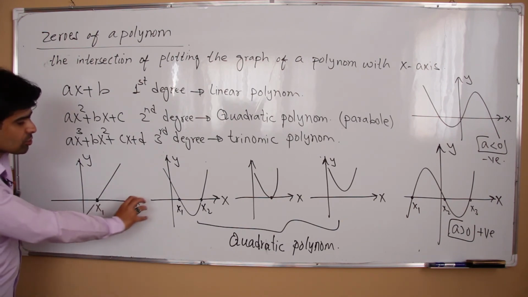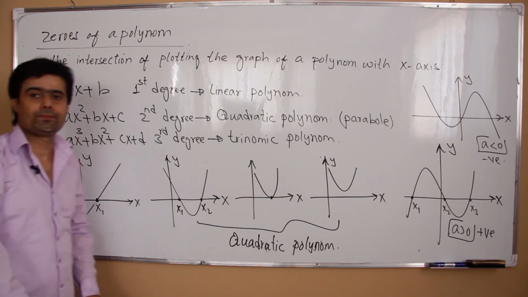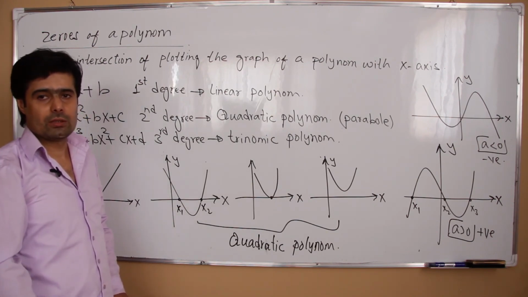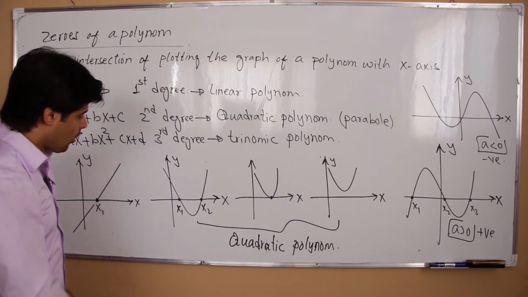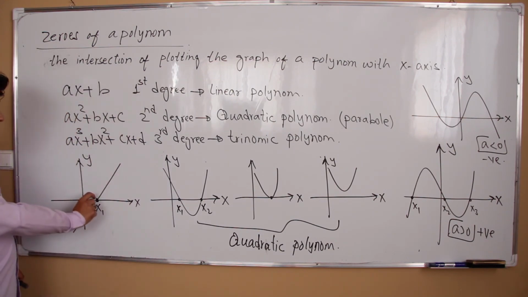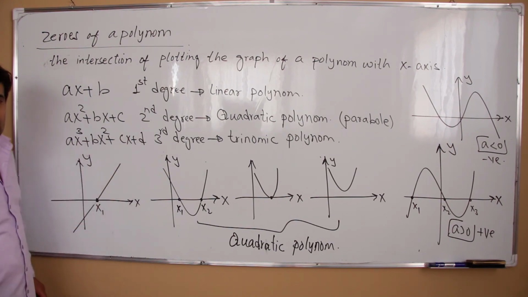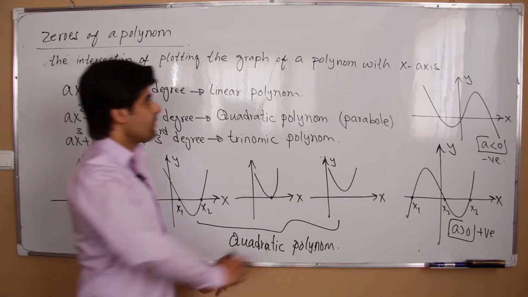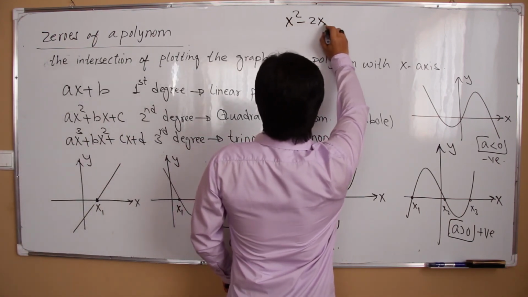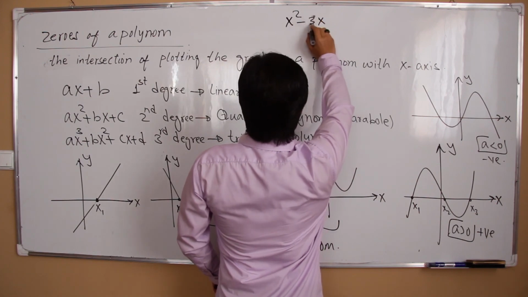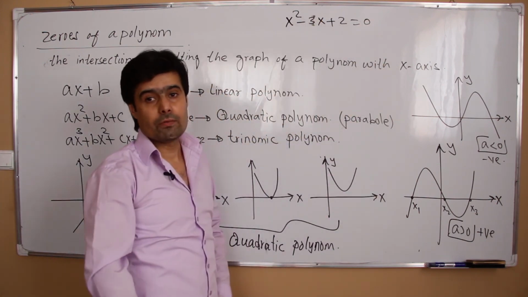Inshallah, if God is willing, we will find the intersection points in equations. What is the job of the equations? An equation wants to find the intersection points of the graphs with the x-axis. For example, if I say that we have x squared minus 3x plus 2 equal to 0. Now solve this one.